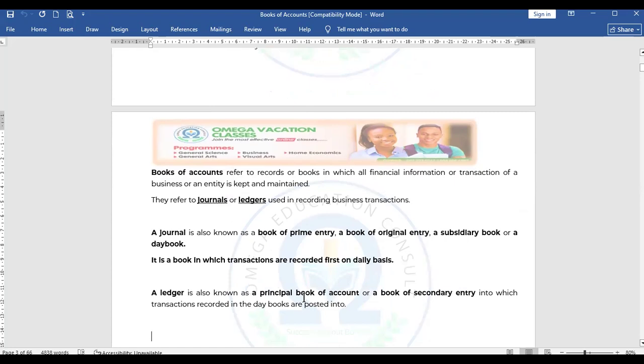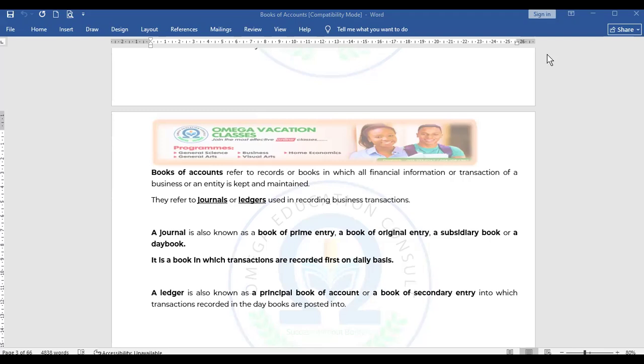Let me call one of the professors to read the definition of a journal for us. Prof. Inshura, can you read the definitions for us on the screen?